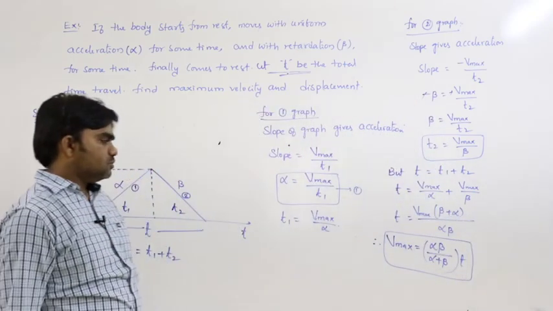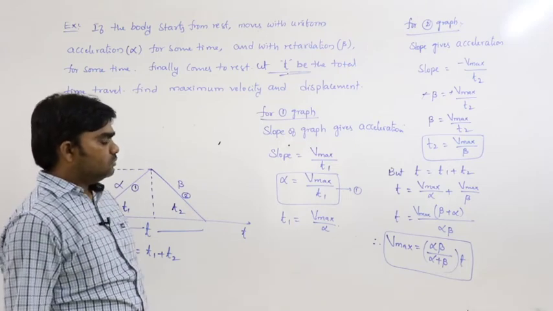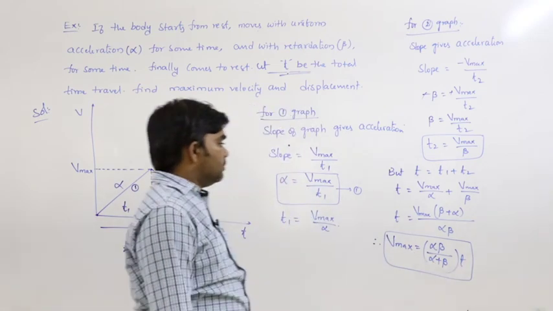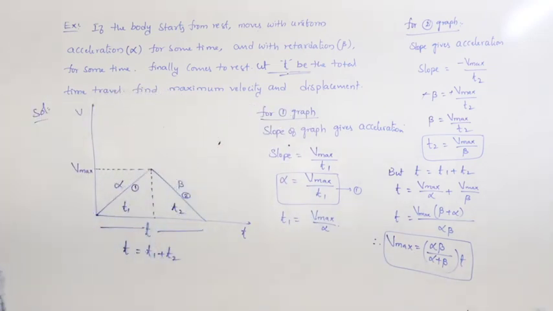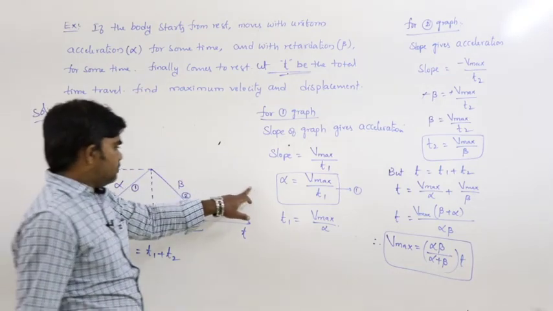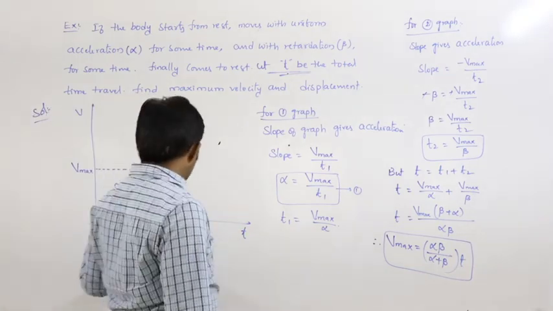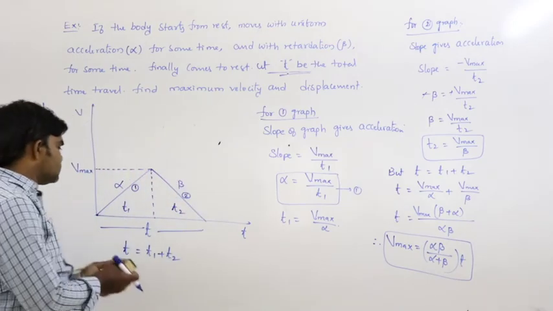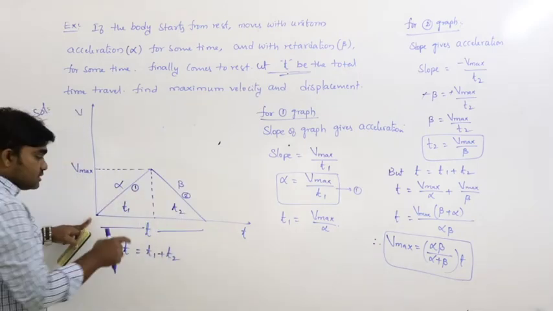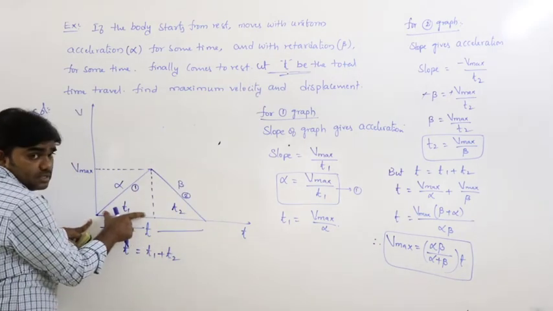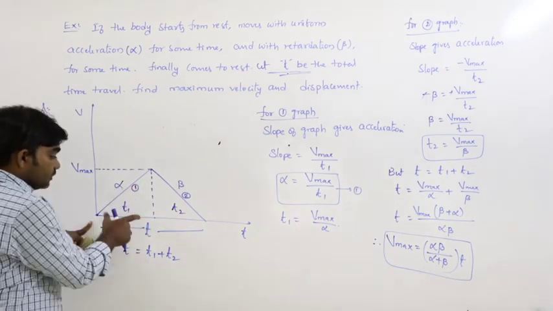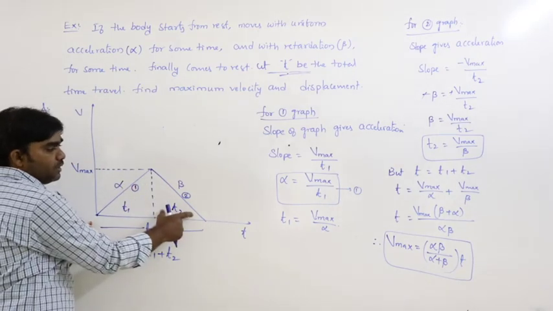V maximum is equal to alpha beta by alpha plus beta into t. This is the maximum possible velocity in this situation. So for the first graph slope, for the second graph slope, and finally we got t is equal to t1 plus t2, because from here to here the total time is t, but for our convenience, for the first part it is t1 and for the second part it is t2.